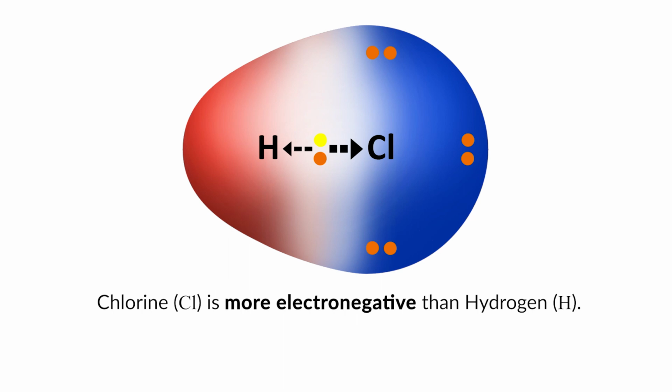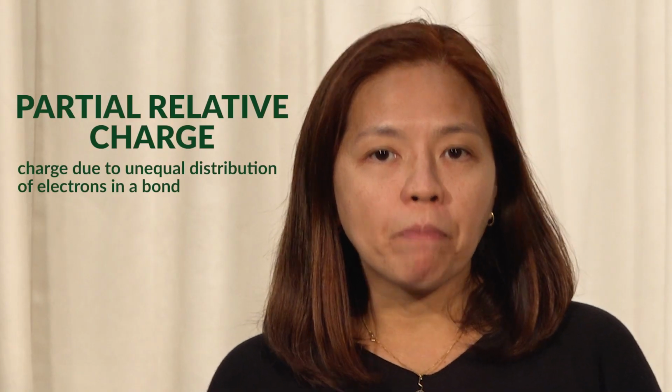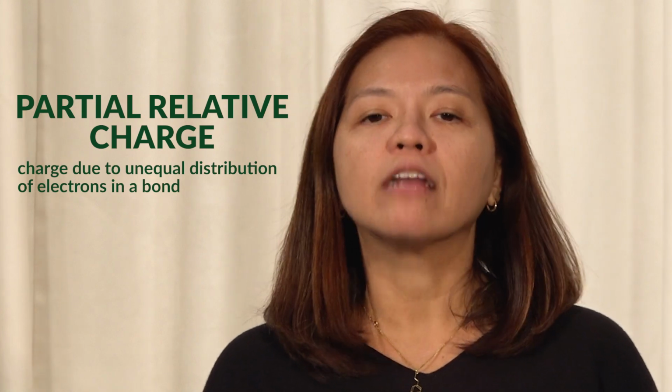However, if one atom has higher electronegativity than the other, then the electrons will not be shared equally between them. In this example, the shared electrons will tend to move around chlorine to a greater extent. Now, you might be asking, why is this important? Remember that electrons are negatively charged particles. If they spend most of their time moving around a chlorine atom, this will affect the partial relative charges of the atoms in the bond.